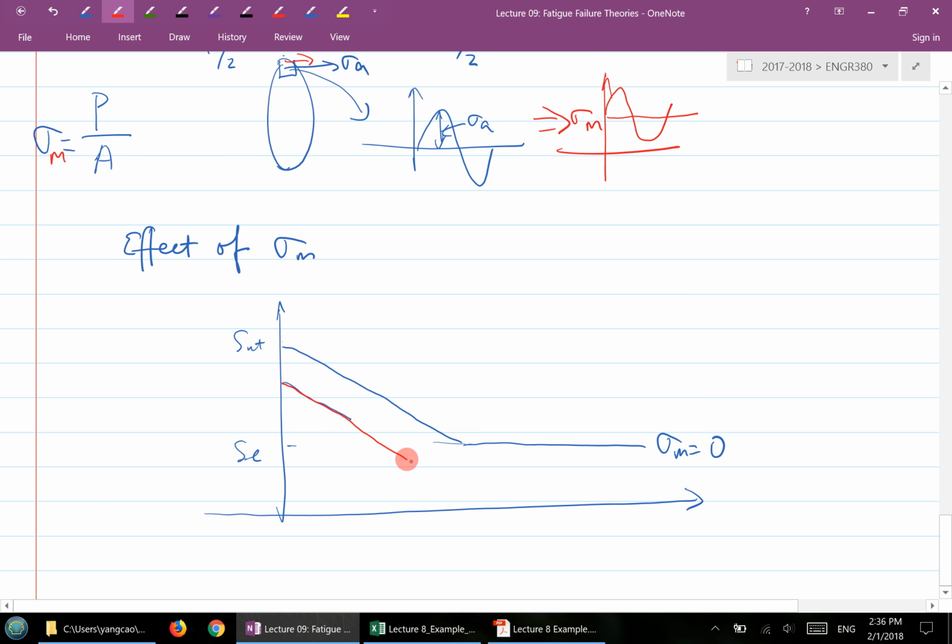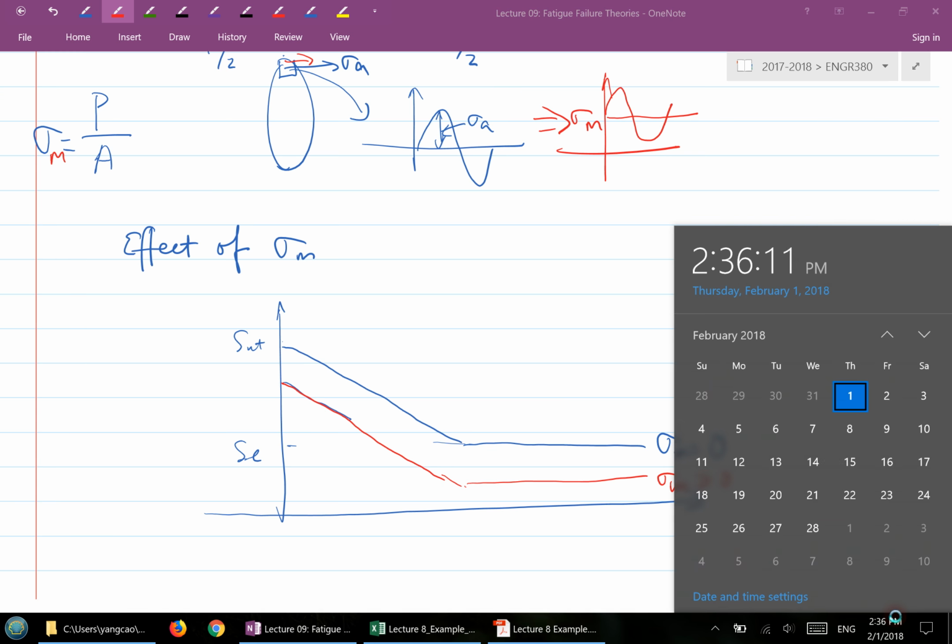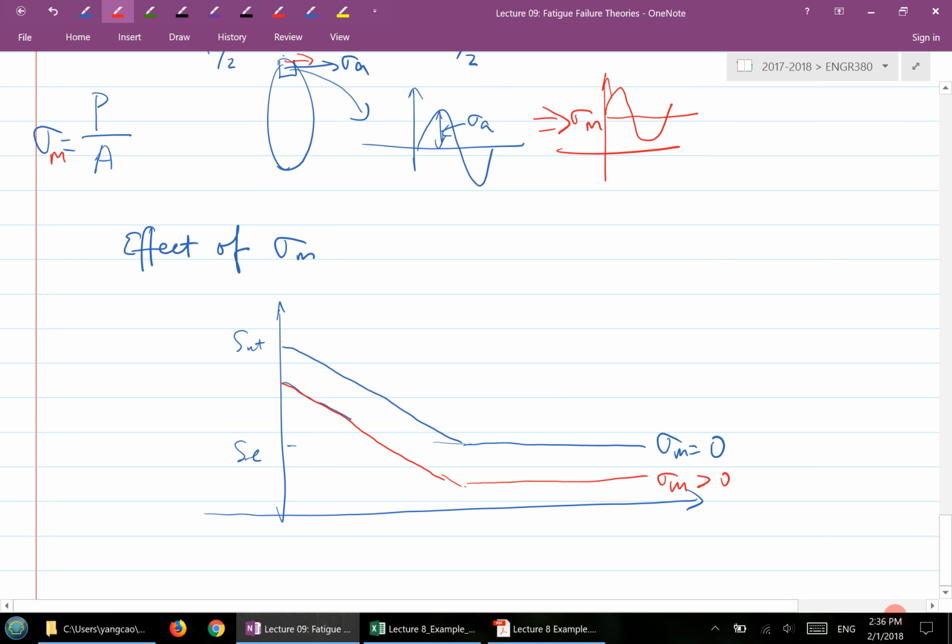So if sigma m is actually tension, you will end up with a curve somewhere below this one, and that's when your sigma m is greater than 0. Now, if sigma m is less than 0, which is compressive, the compressive stress doesn't result in any propagation of the fracture.